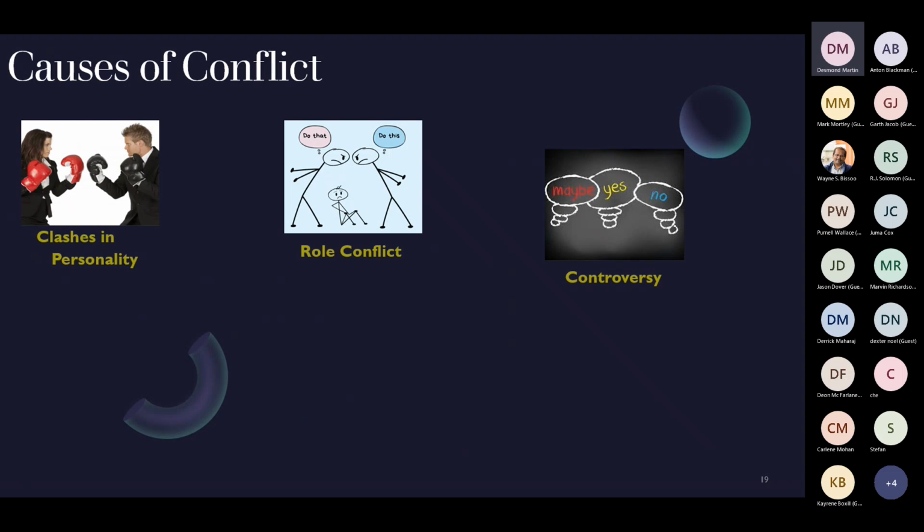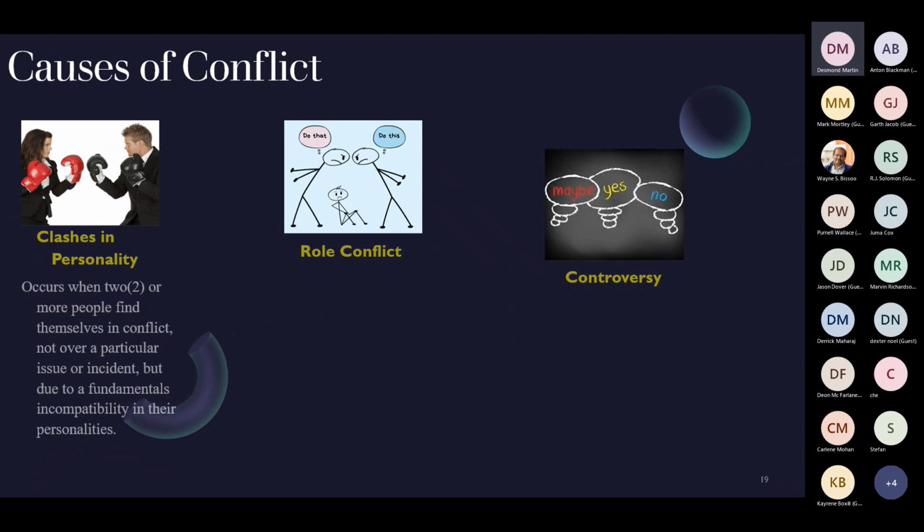Causes of conflict. You have clashes in personality. This occurs when two or more people find themselves in conflict, not over a particular issue or incident, but due to fundamental incompatibility in their personalities. To me, you will find that in all groups that you go in.